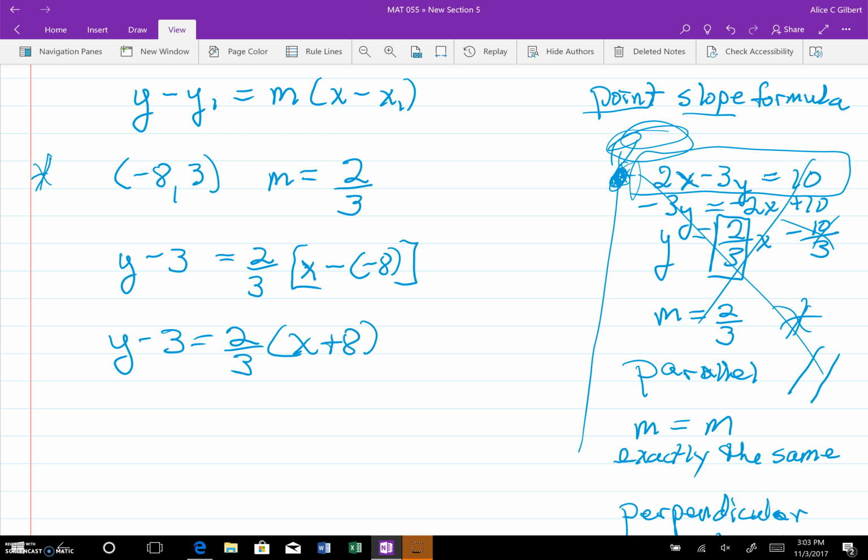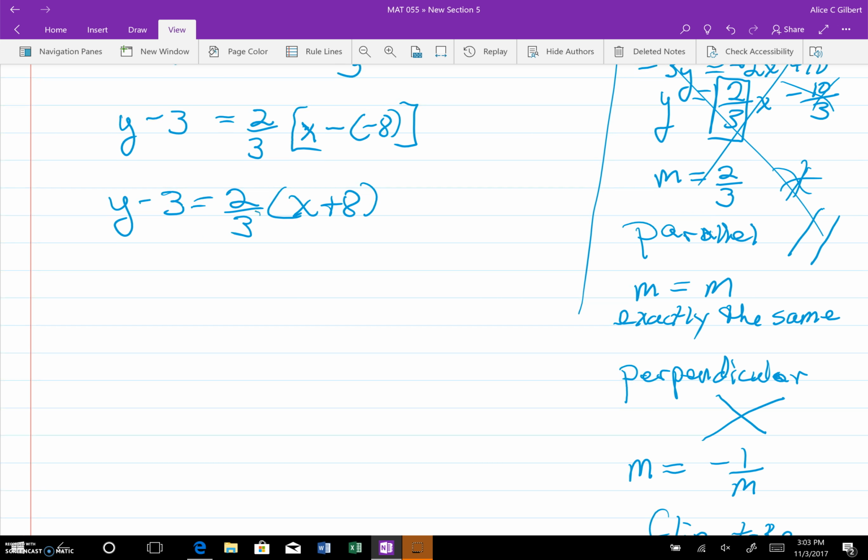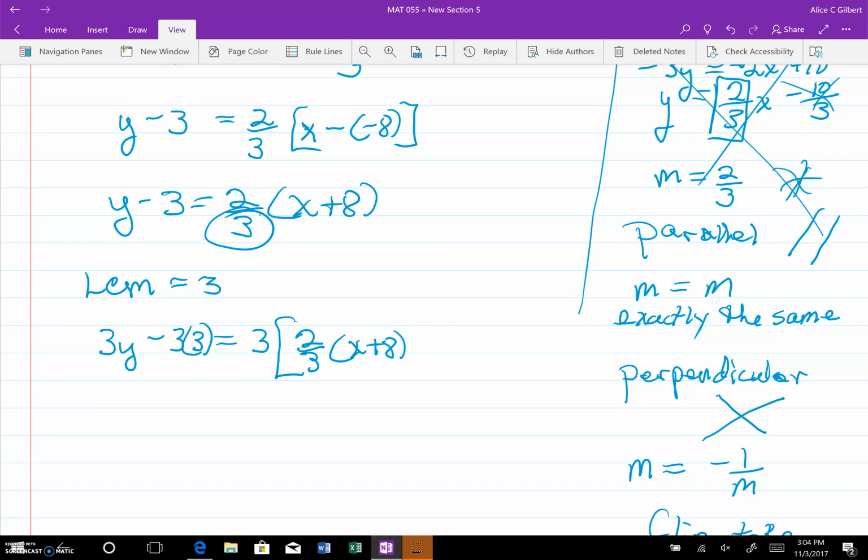And if you can go directly to the x plus 8, I'm fine with that. You don't need to put in that second step, but some people need it, so I want to give it to everybody. Okay, now again, first thing I want to do is get rid of the denominator. So my LCM is 3. So 3y minus 9 equals, maybe I should just do this to be sure, 3 times 3, and then 2/3 x plus 8.